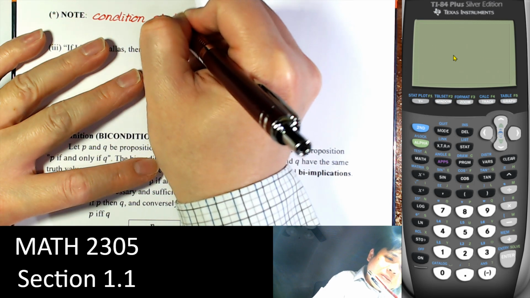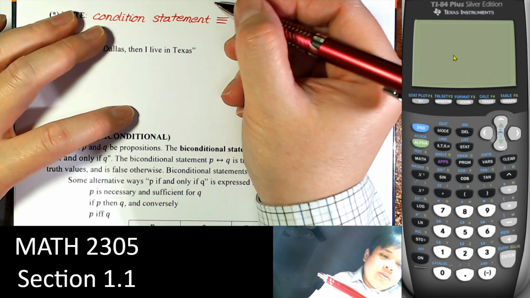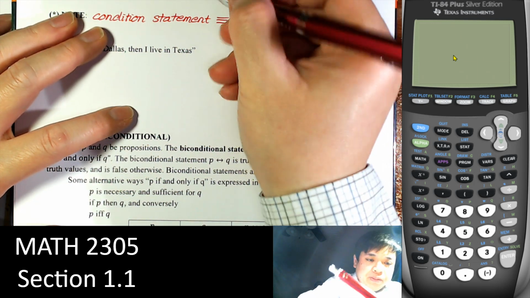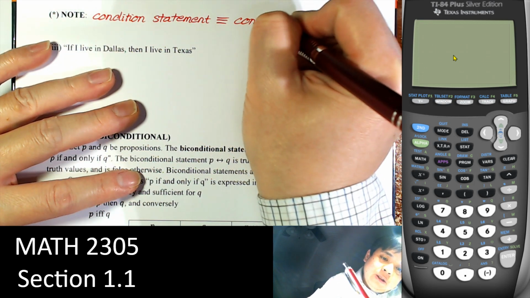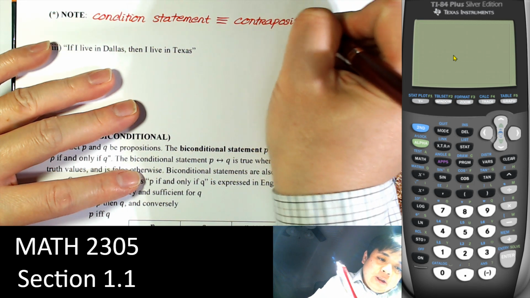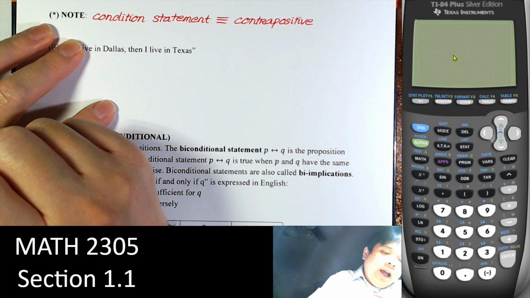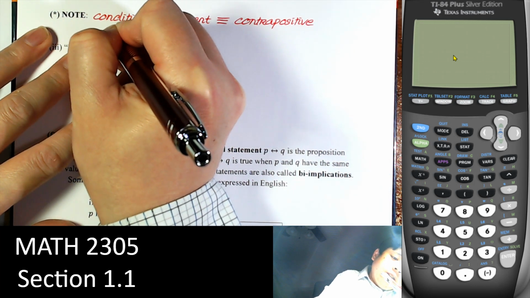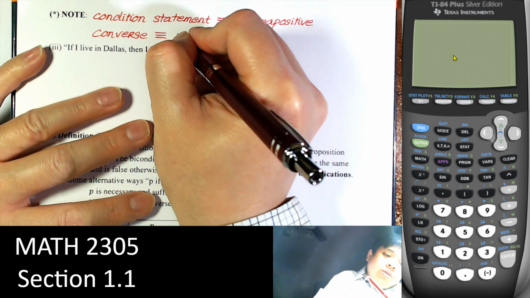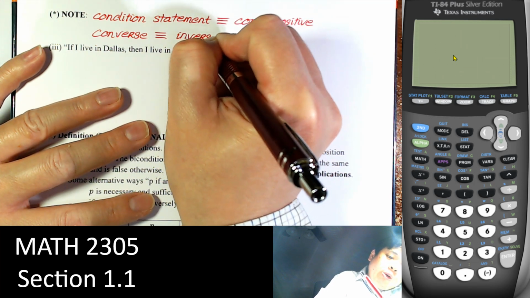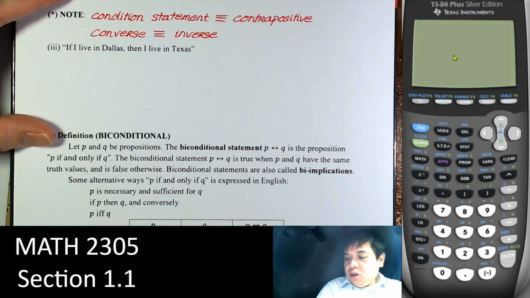But when we say conditional statement here, we refer to the original statement, which is equivalent to the contrapositive. And the converse is equivalent to the inverse, because we will prove that in a bit. But that note I want to write here.